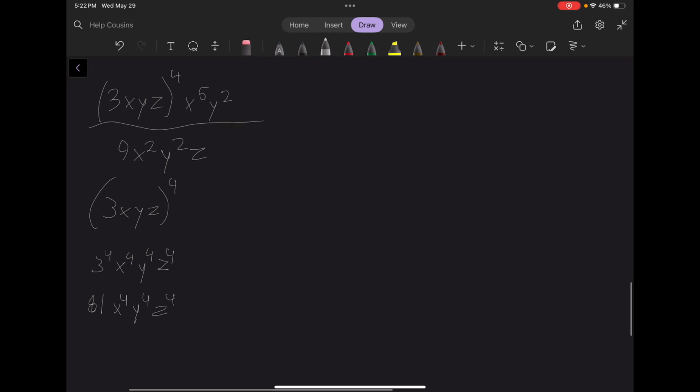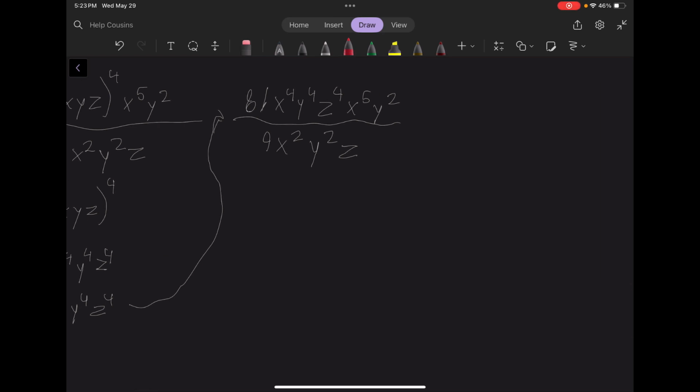Put that back into our initial equation, which will be 81 x to the 4, y to the 4, z to the 4, times x to the 5, y squared, then all over 9 x squared, y squared times z.